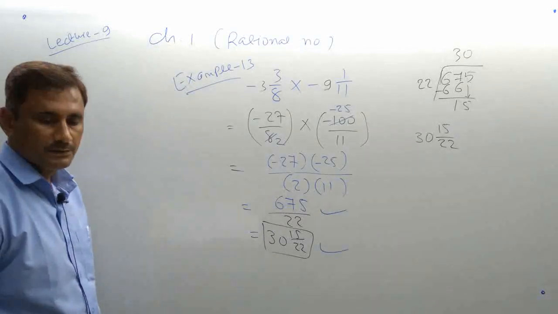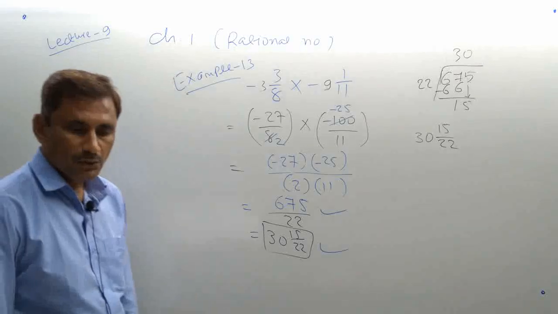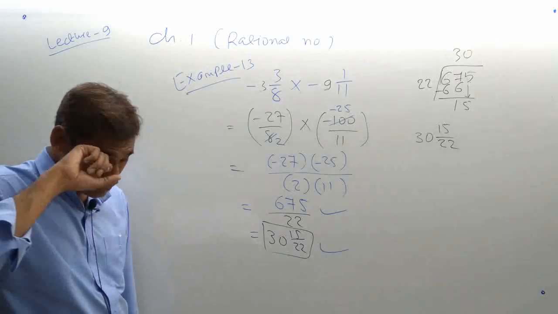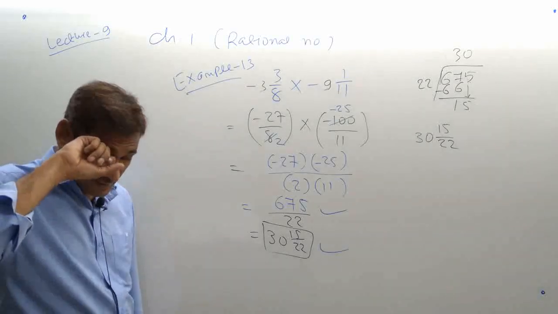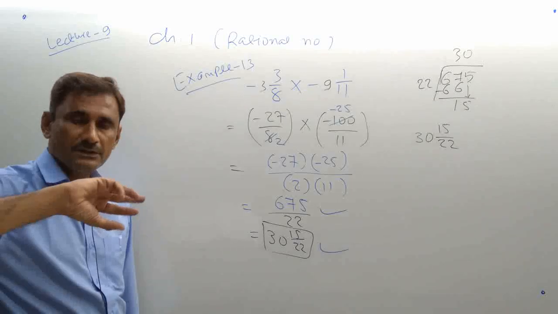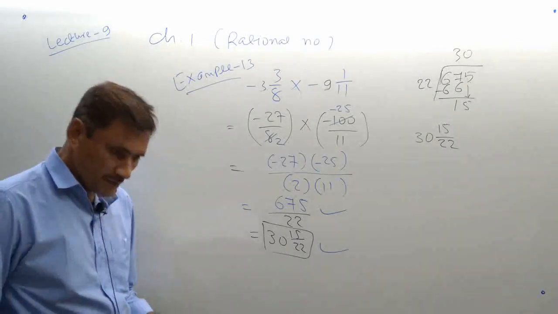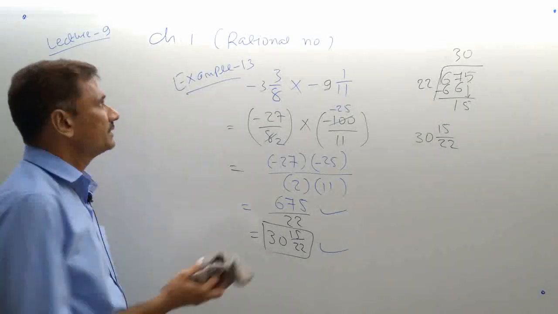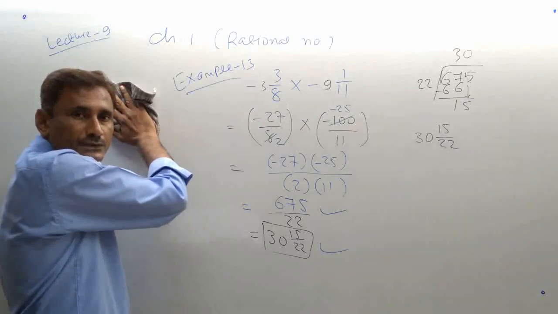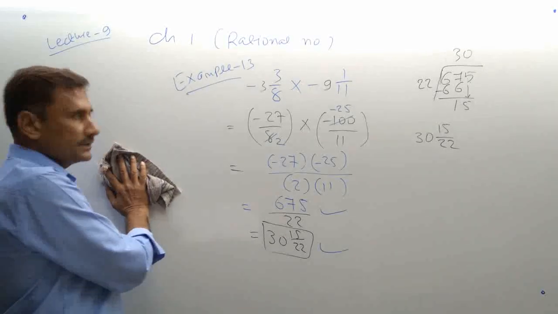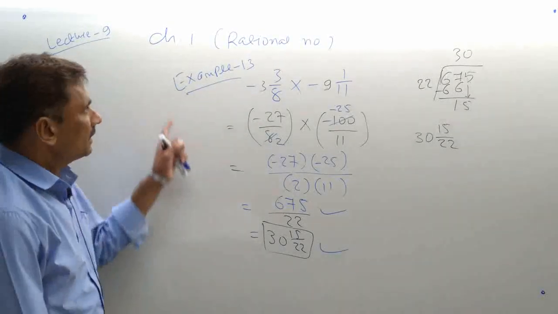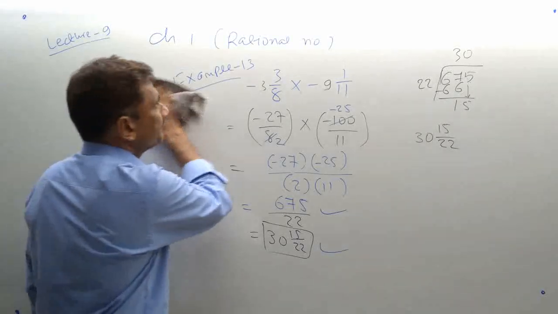Okay, after doing this, look at number 14. That is an MCQ, and orally only you can give the answer. In reciprocal, nothing to do, just take its inverse. Inverse means numerator to denominator, denominator to numerator. So directly you can give the answer without any process. Okay students, look at example 14.